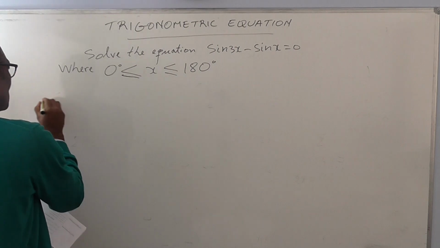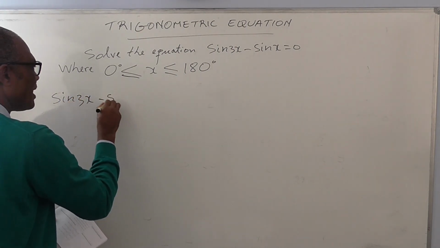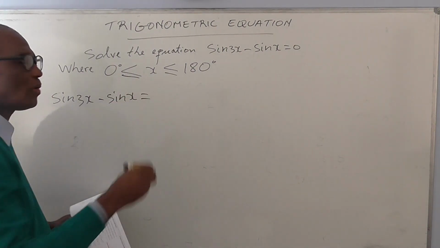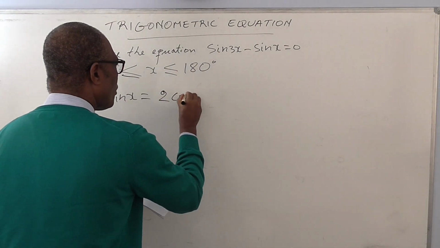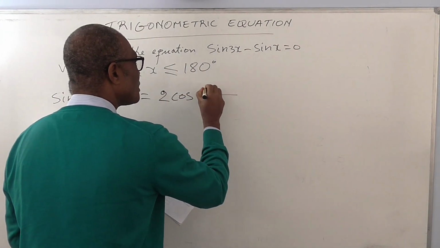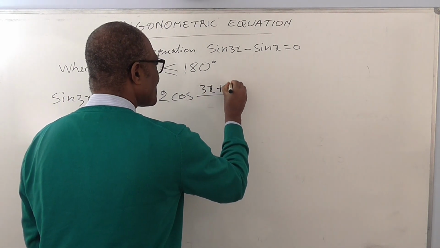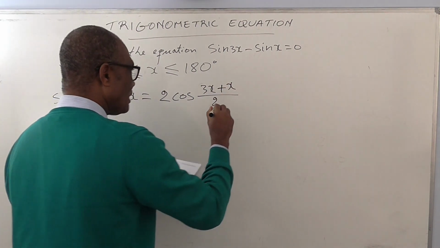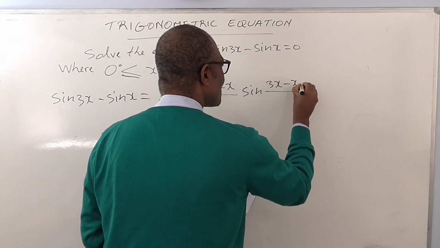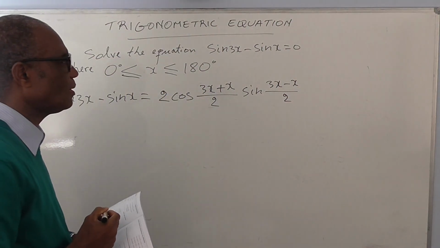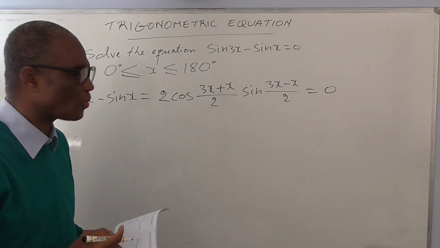I'm going to write sine of 3x minus sine of x equals 2 cos of (3x plus x) divided by 2, and then sine of (3x minus x) divided by 2. And this has to be equal to 0, of course.